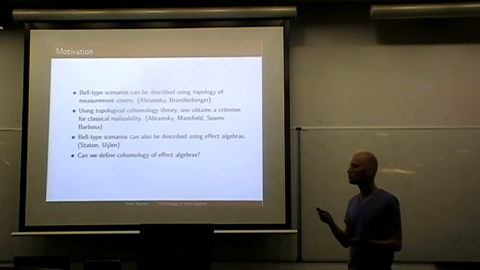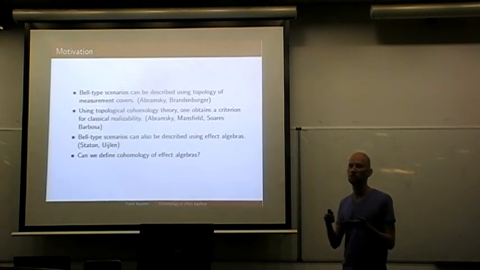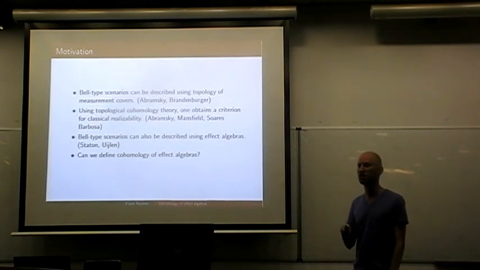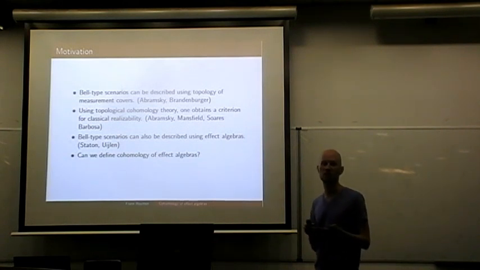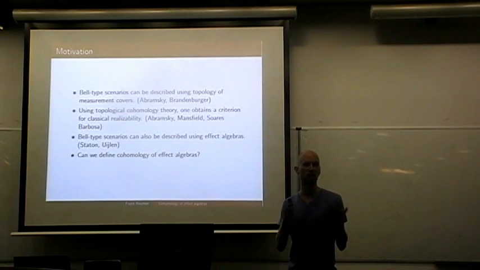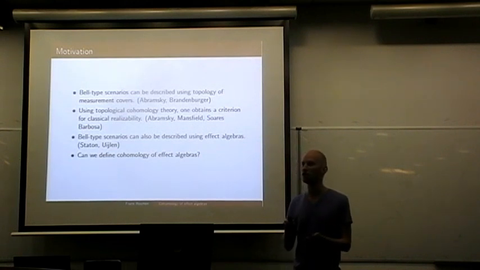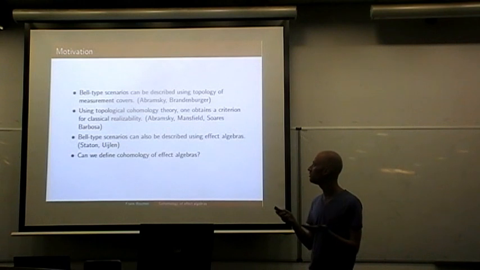Cohomology groups are certain mathematical structures that can be assigned to many things in mathematics, like topological spaces, but also other structures, and they provide certain information about a space. Now if you have a certain set of measurements, like a Bell-type scenario, then you can associate a topological space to it, and then you can associate cohomology groups to this space. And these cohomology groups tell you whether it's classically realizable or not. It gives you certain criteria.